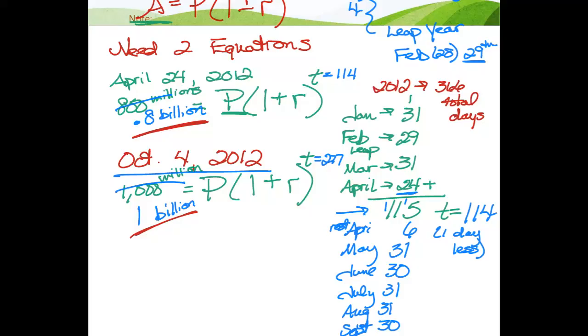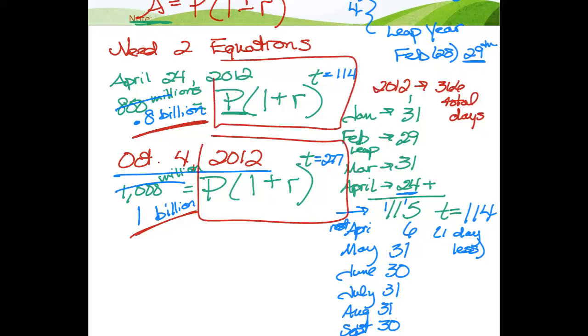What could I multiply that by? Because then I could set these two things equal to each other and try to work it out. So what can I multiply 0.8 billion by to get 1 billion?